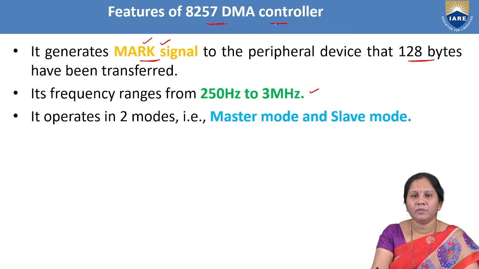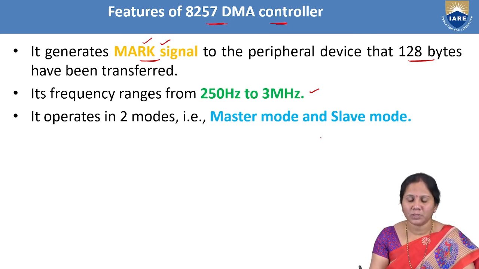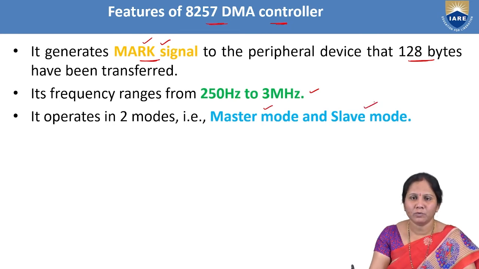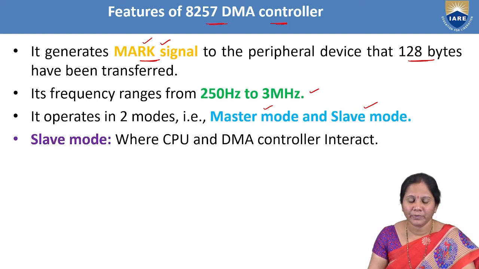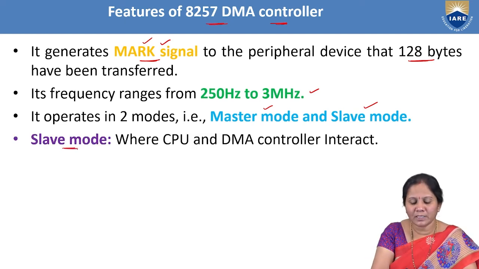So the main feature of this DMA controller is, it can be operated in 2 modes. One is master mode, another one is slave mode. There is a small difference between the master mode and the slave mode.